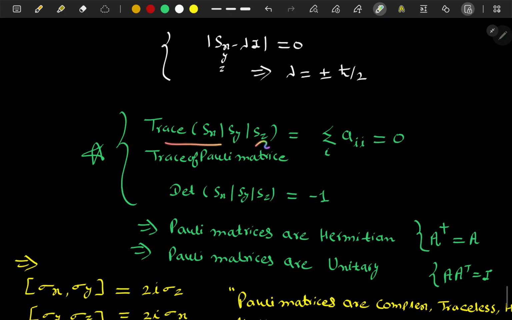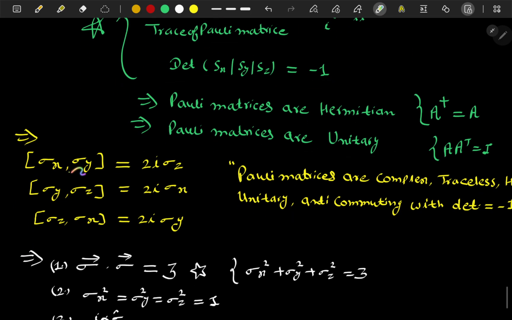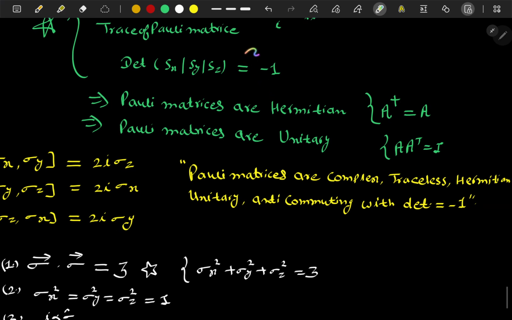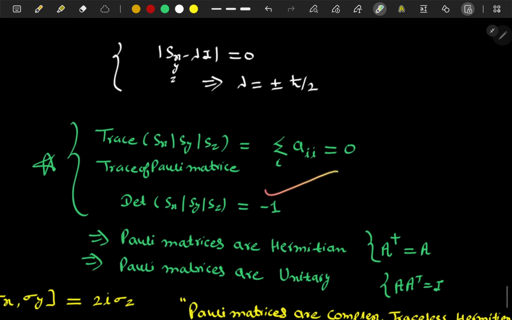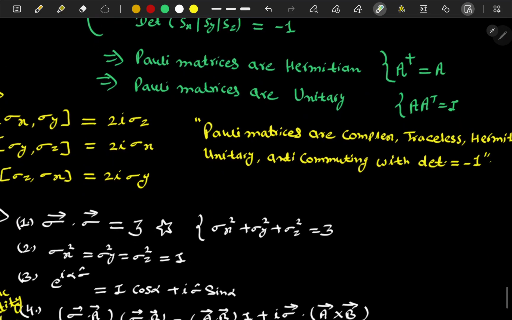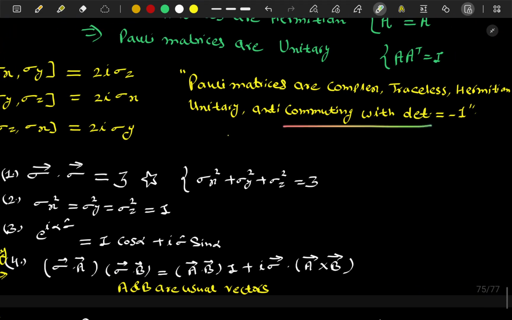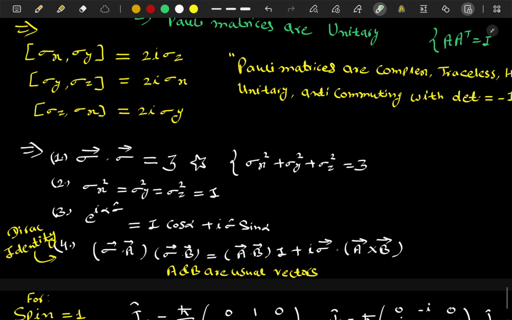Now the trace of the Pauli matrices is 0, the determinant is minus 1, the Pauli matrices are Hermitian, and the Pauli matrices are unitary. Sigma x sigma y equals iota sigma z, sigma y sigma z equals iota sigma x, sigma z sigma x equals iota sigma y. The Pauli matrices are anti-commuting, they are not commuting, and the determinant is equal to minus 1.